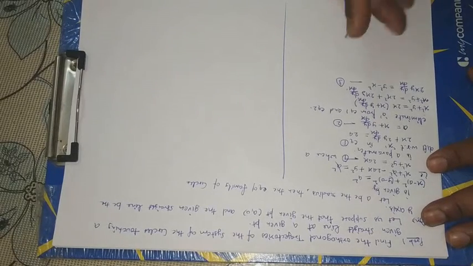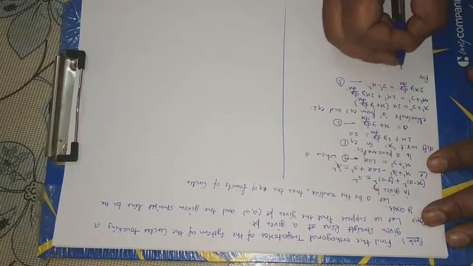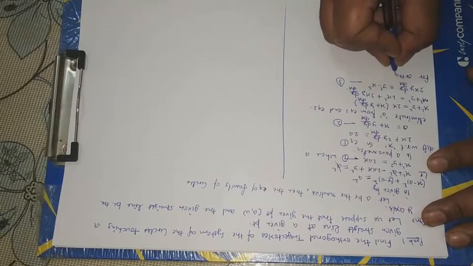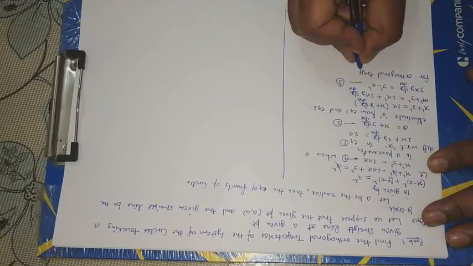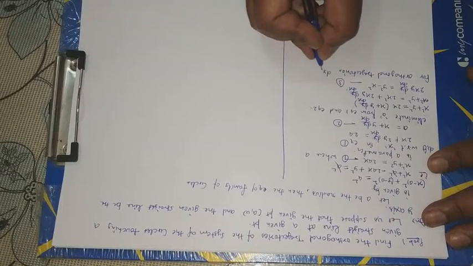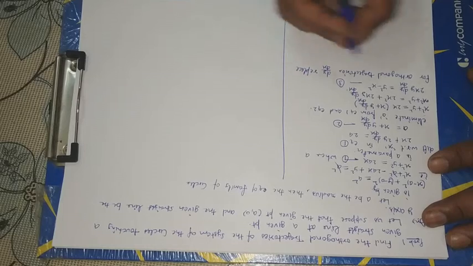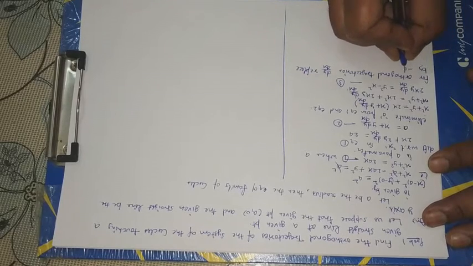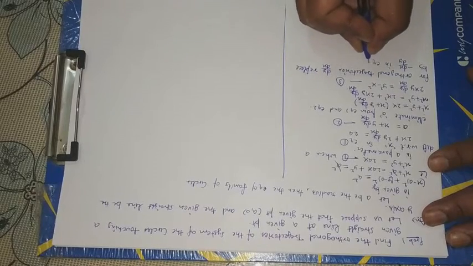Now for orthogonal trajectories, dy/dx is replaced by minus dx/dy in equation number 3.